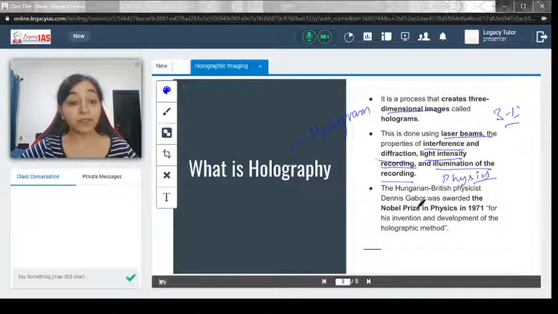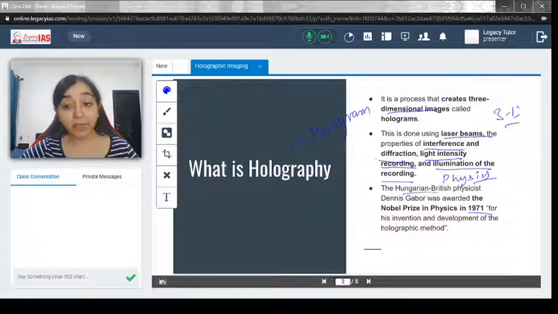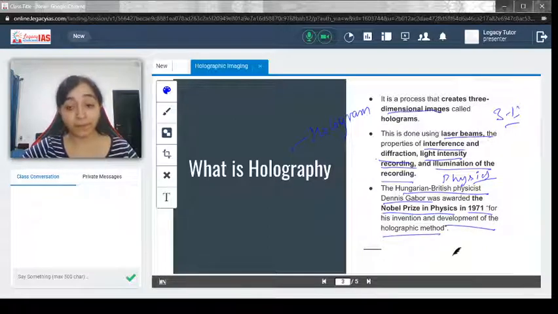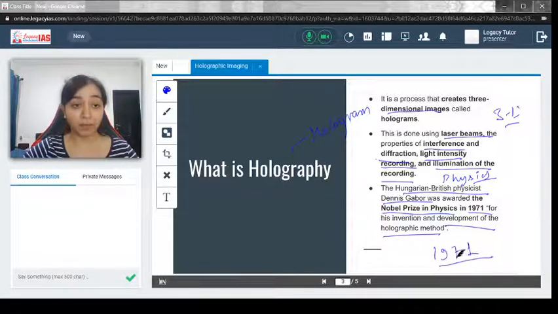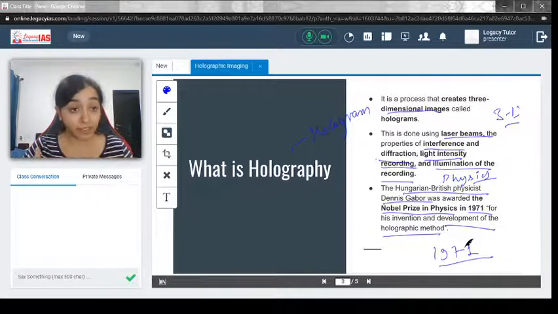Now this was discovered way back in 1971, when Hungarian-British physicist Dennis Gabor was awarded the Nobel Prize in Physics for the invention and development of the holographic method. So in 1971 itself the holographic method was developed, but its wide-scale application is a thing of the recent past only.